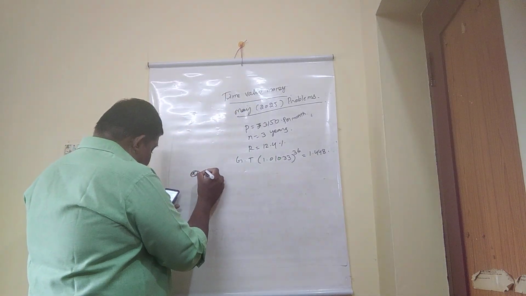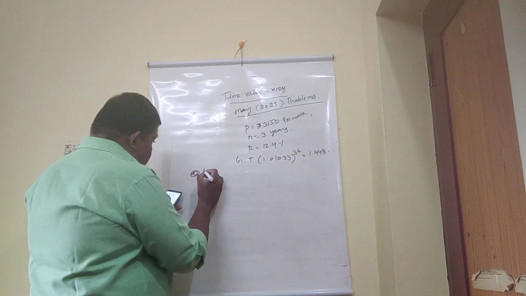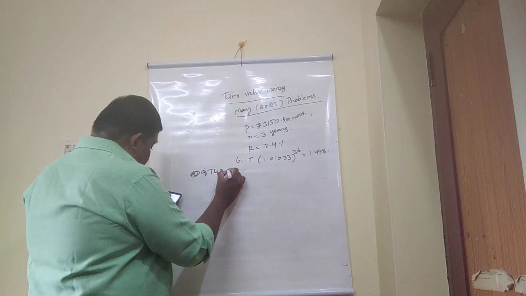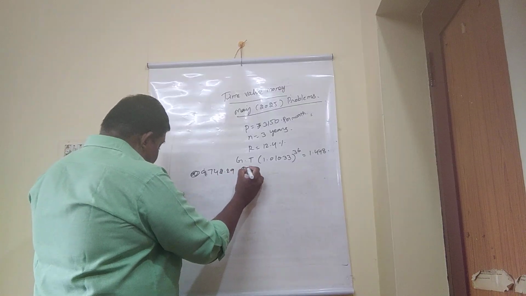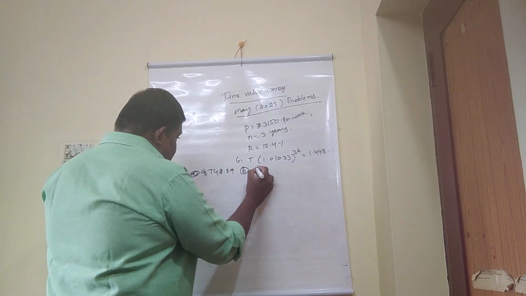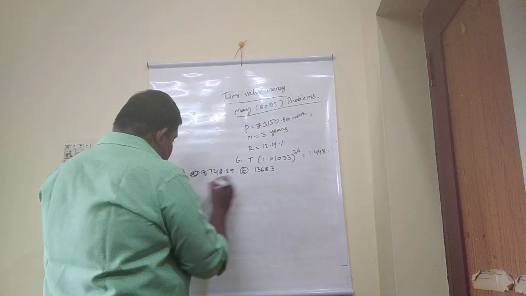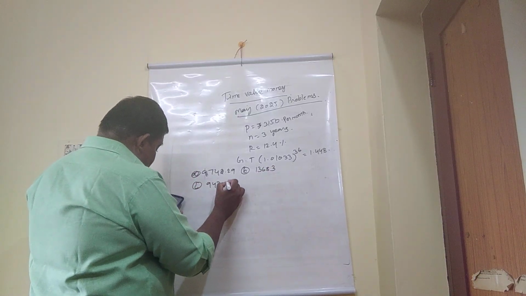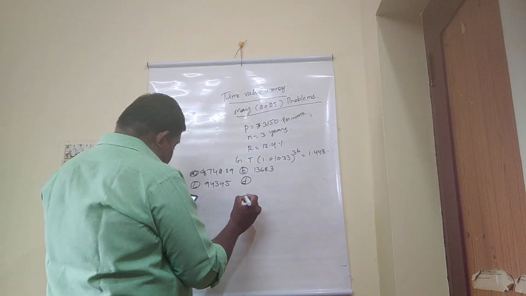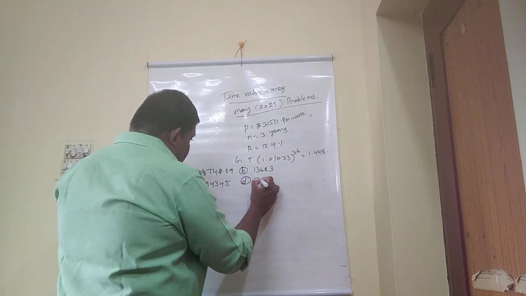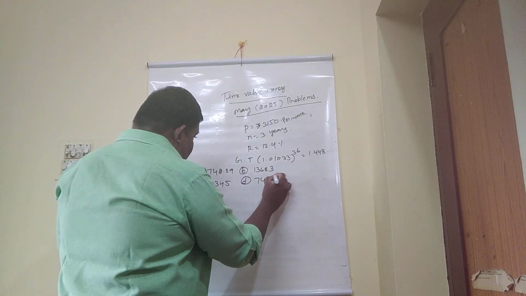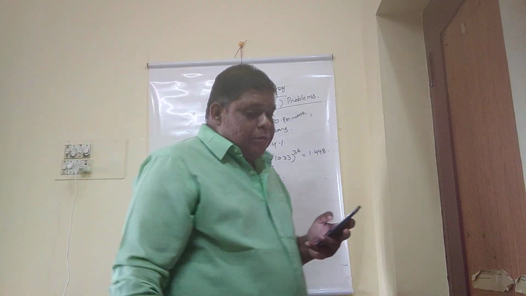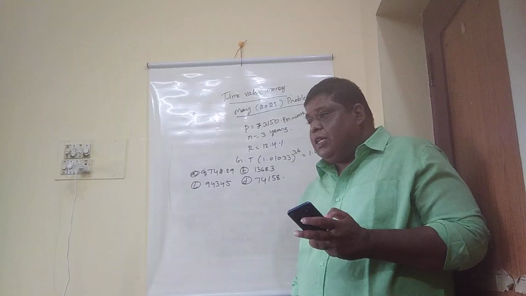Now the options: option A is 9742.29, option B is 13683, option C is 94345, and option D is 74158.